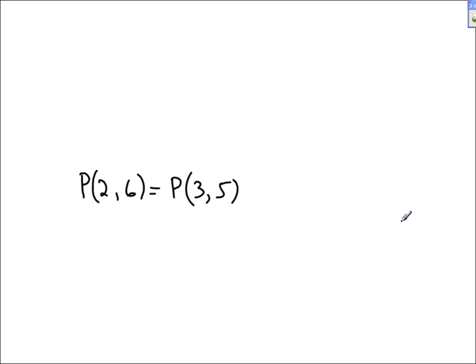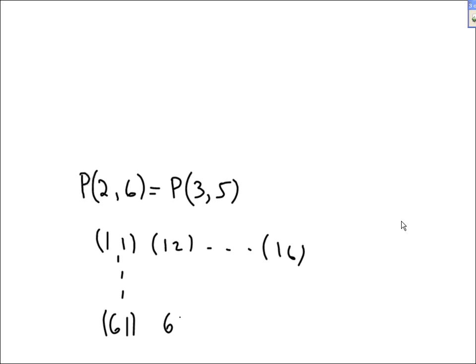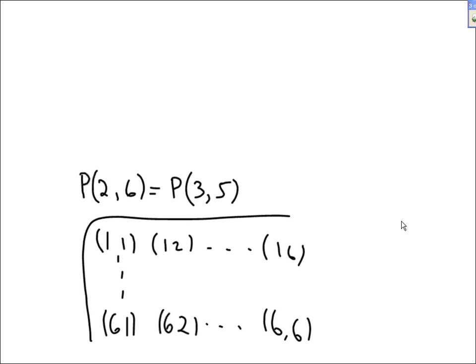This 36 that I just listed, 1, 1, 1, 2, 1, 6, all the way down to 6, 1, 6, 2, all the way up to 6, 6. There are 36 entries in here. Do you think any one of them is more likely to come up than another? The answer is no. If it's a fair die, they're all equally likely. That's why we were able to use that rule.